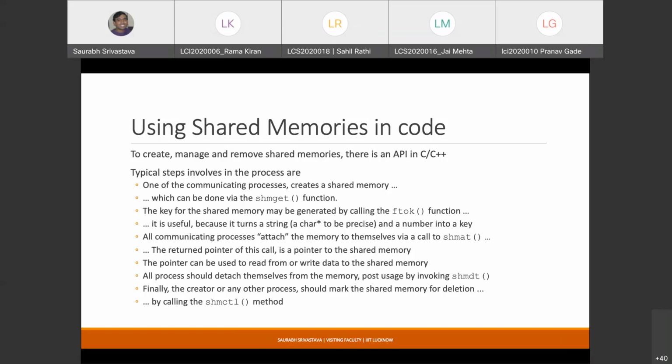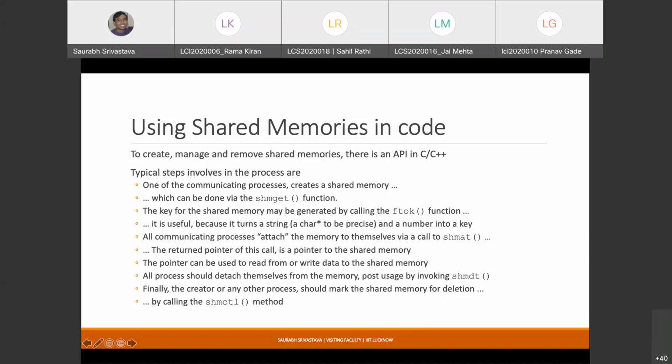So if you want to access this memory, you have to call another function called shmat, which basically means please attach this memory to my memory space so that I can access it. So any process that wants to access this shared memory requests the operating system to attach this memory to the process so that the process can access it.